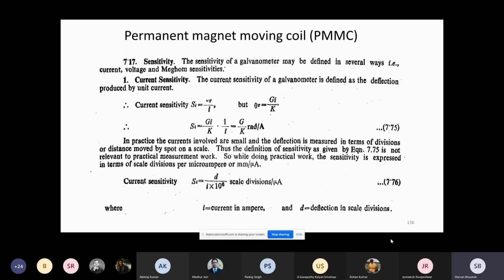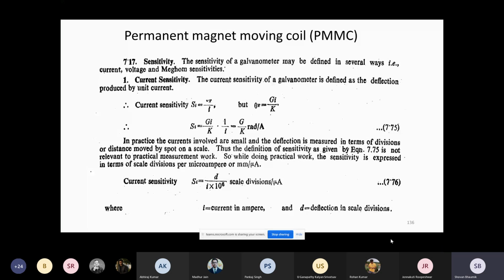Now there is another type of galvanometer which I mentioned, which is wall mounted. There is a mirror. When the mirror is deflected, you get a deflection of reflected light on the scale, which is small d. In such cases, the current sensitivity SI will be equal to small d, which is the deflection of the light in scale divisions, divided by I into 10 to the power 6.